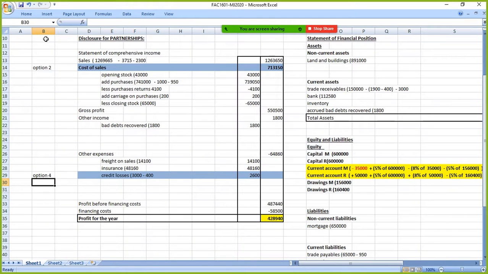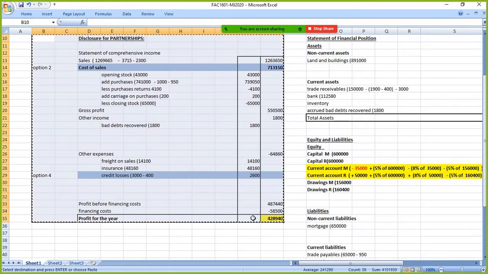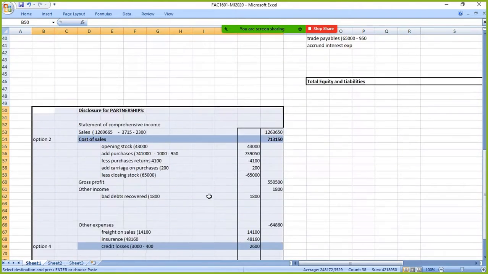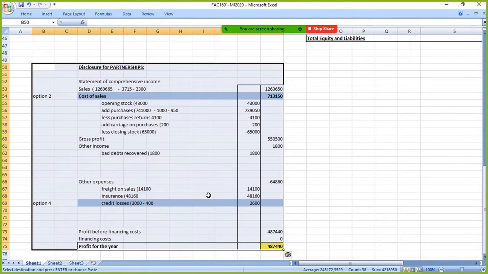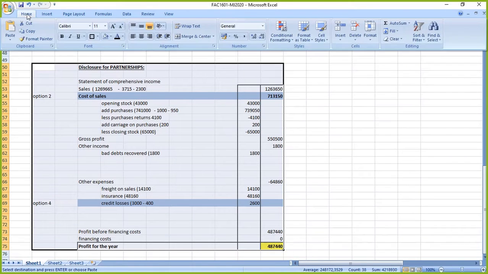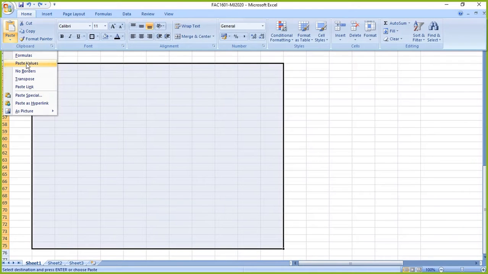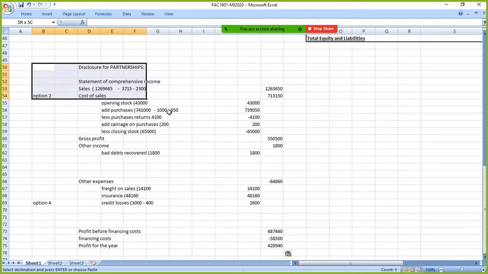So what I have to do is copy paste this. Ooh, it's not referencing correct. Let me undo that. Let me paste the values. Okay, there we go.